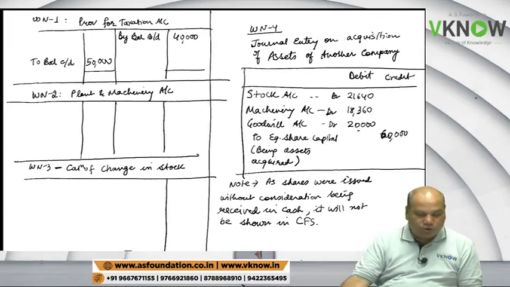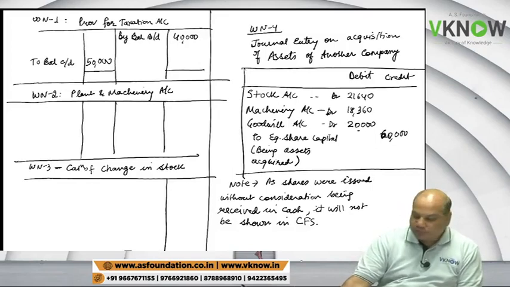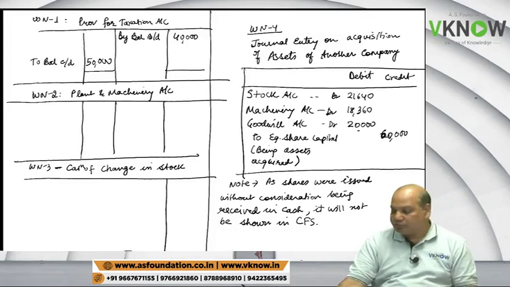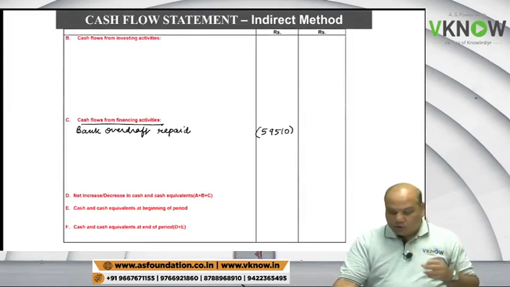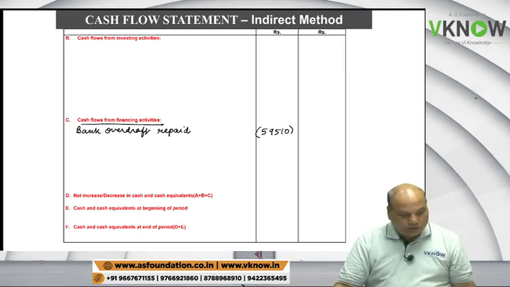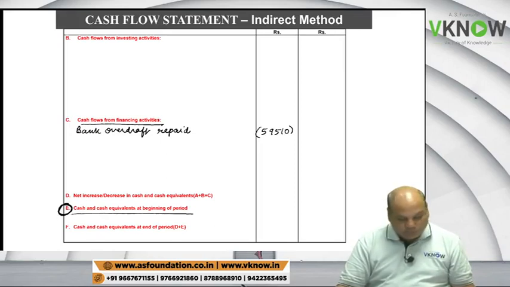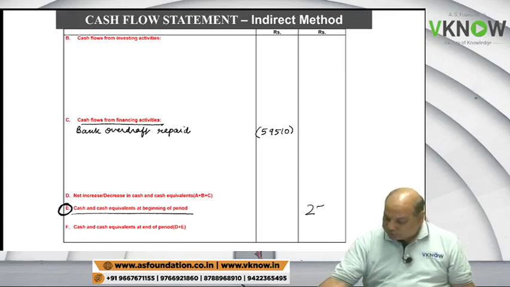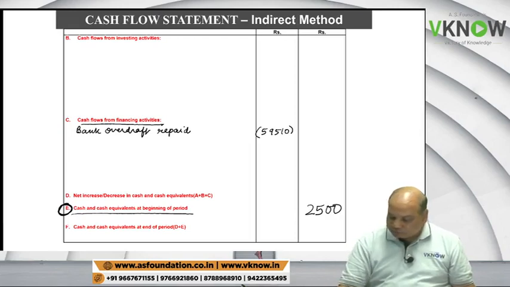So come back to your question, asset side now. After writing this note, come to asset side. Asset side, you have first item cash at the beginning. So I will write in point number E, cash and cash equivalent at the beginning of the year 2500.